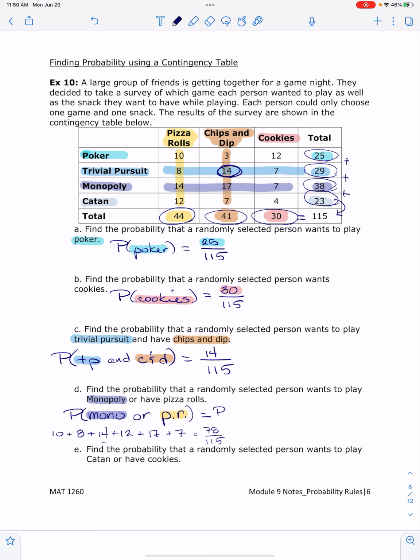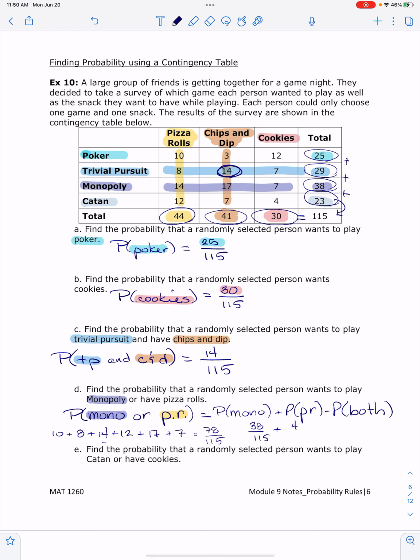We know the formula here. It's the probability of Monopoly plus the probability of pizza rolls minus the probability that they both happen. We want to uncount the repeats. So the probability that they want to play Monopoly is 38 out of 115.